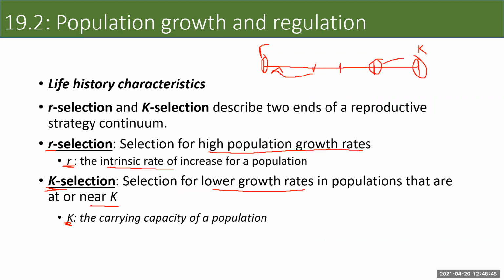Maybe they're more like a K strategist, but they have a couple of R strategist characteristics. And so a lot of organisms actually fall somewhere in this gradient and not necessarily at the extremes. And so it's important to just remember and make that distinction.